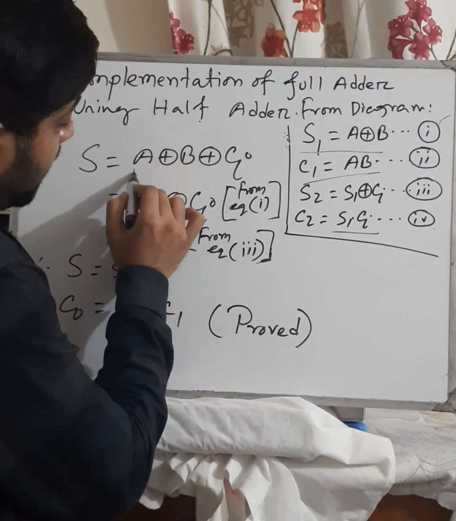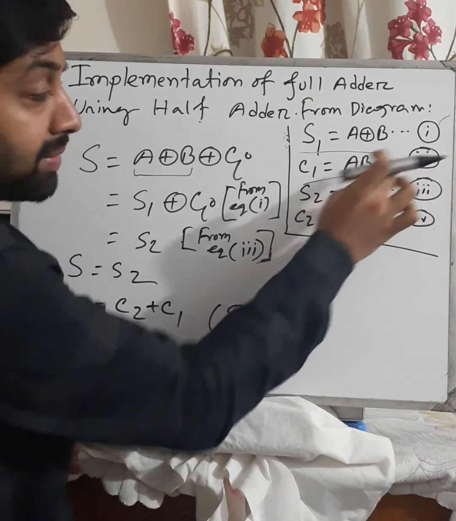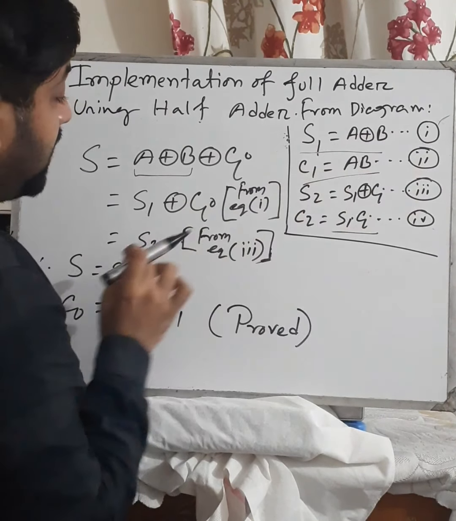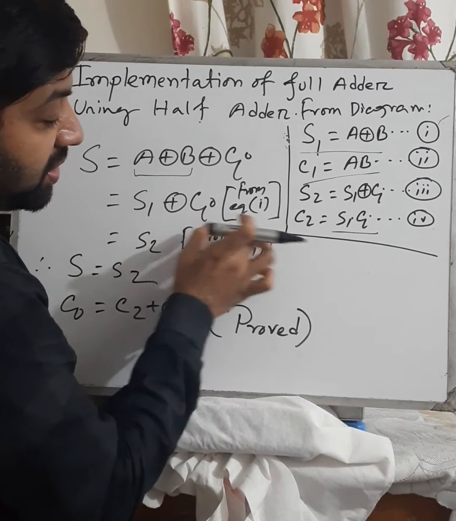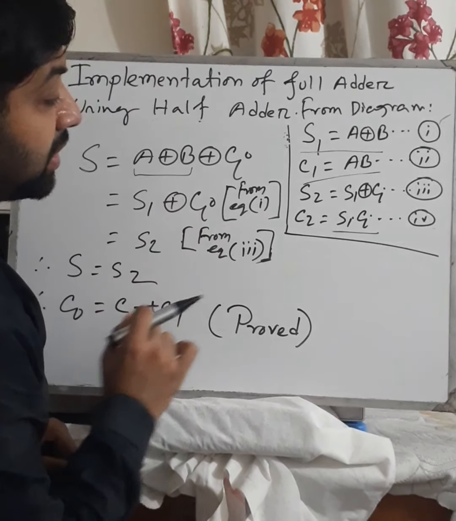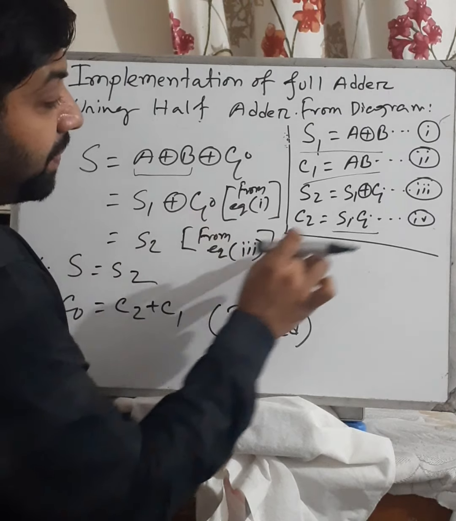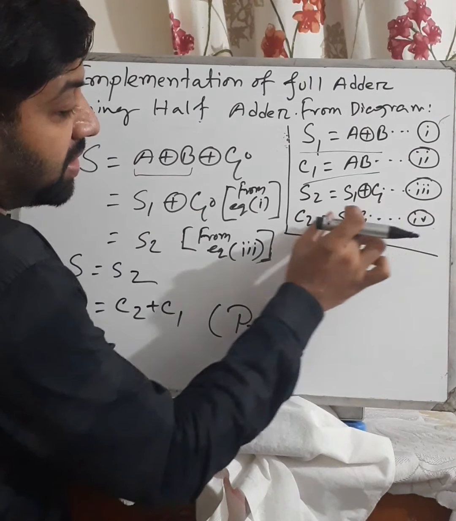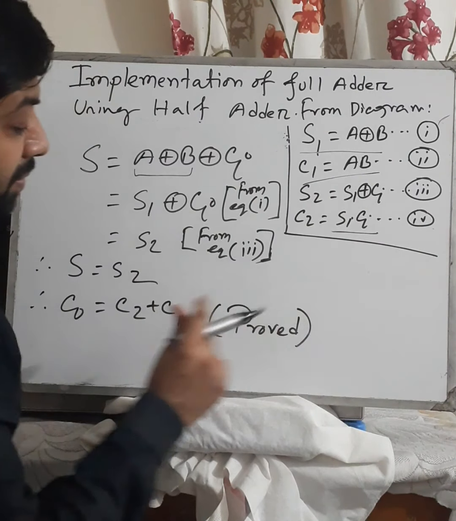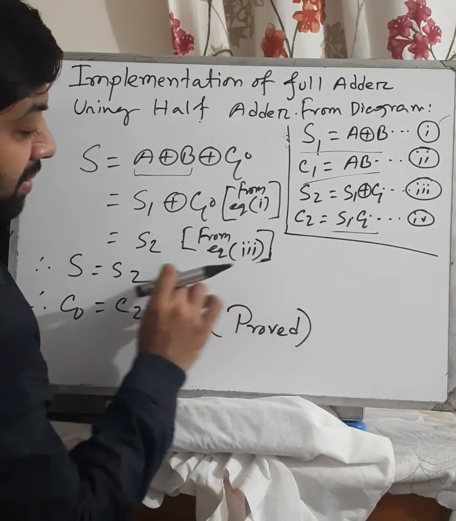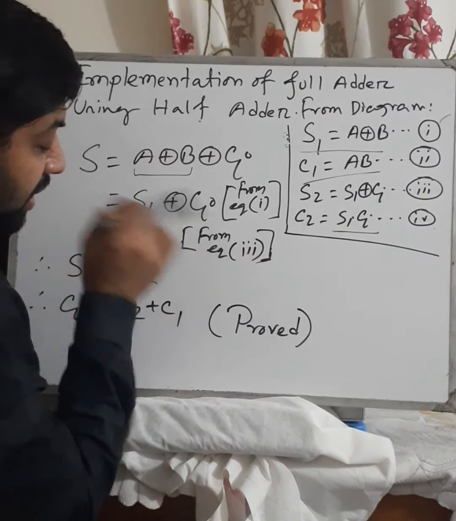You see, A exclusive-OR B, the value we already have in equation number 1: sum 1 equals A exclusive-OR B. So in A exclusive-OR B we can write S1 here, which is why I put a side note from equation number 1. After that we have S1 exclusive-OR Ci. Then we can write S2 here from equation number 3: sum 1 exclusive-OR Ci equals S2.